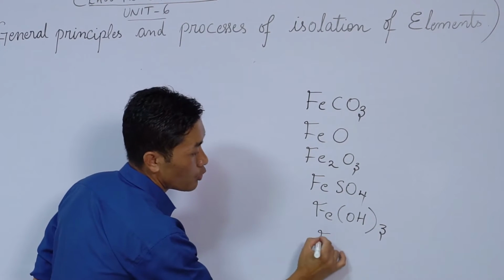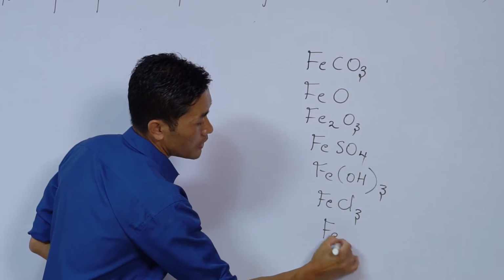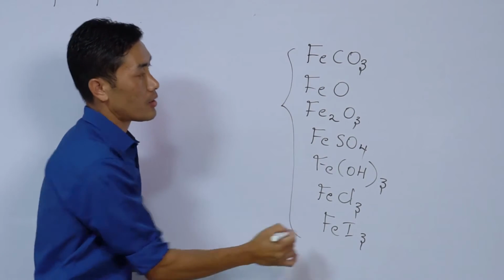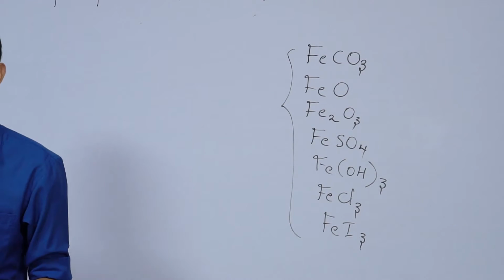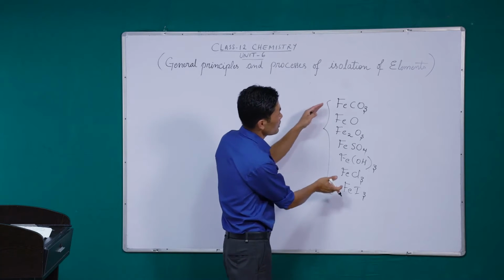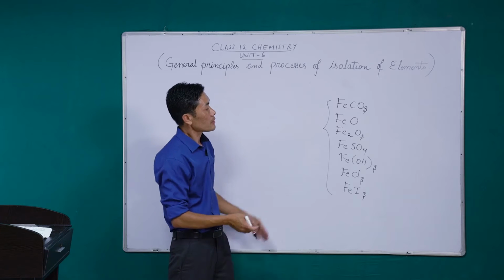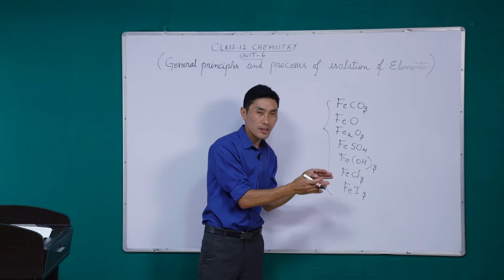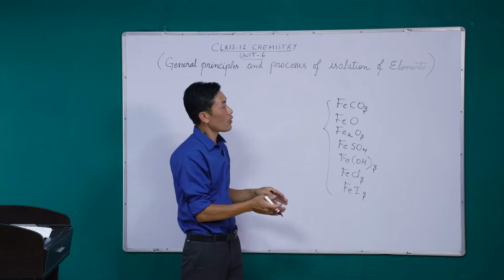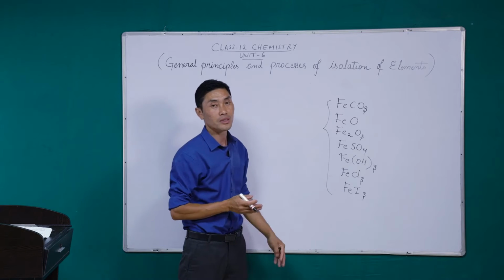It can be found in the form of chlorides or iodides. All these are compounds of iron which are found inside the Earth's crust. So all of these compounds are called minerals of iron. But iron can be extracted in a convenient and profitable way from only some of them, and only those will be called ores of iron.